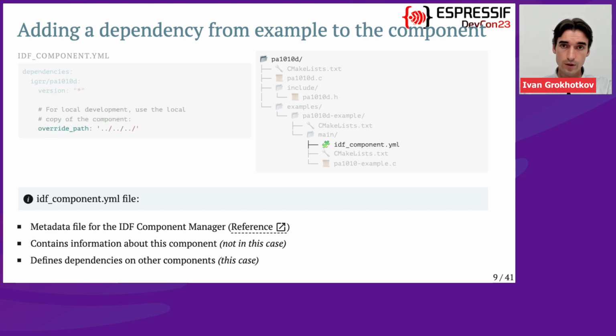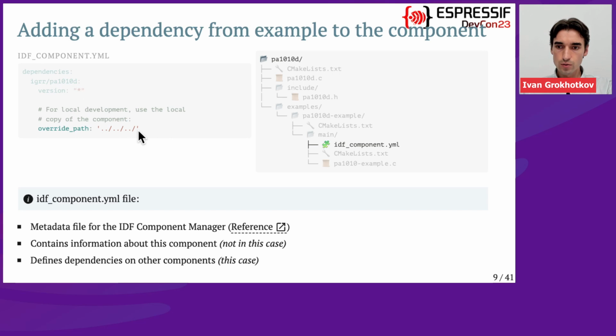And one other thing we have to do here is that for local development, we have to specify the override path. What override path does is that if IDF Component Manager can find the component, in this case 3 directory levels up from the IDF Component YAML file, then it will use the local copy of the component and not download the copy from the IDF Component Registry.